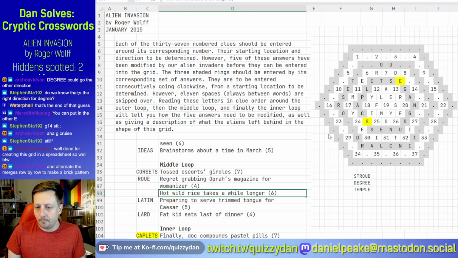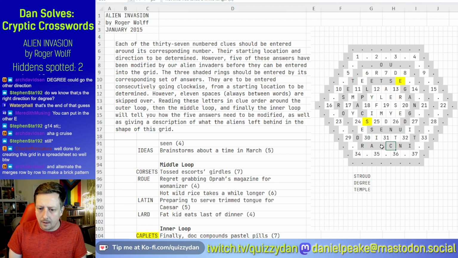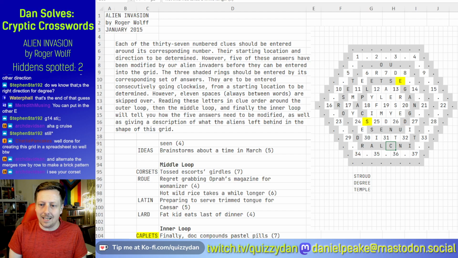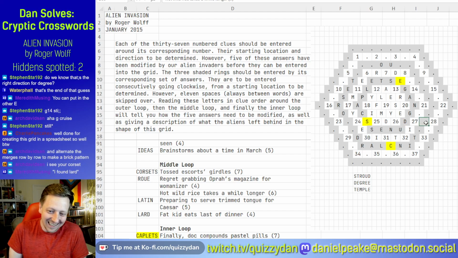Middle loop. I've found lard. There's lard. The letter before it is not a C. You see my... Get off my... There's my Latin. I don't know what the next one is, but what's after lard? It should be corsets. Well, it's not there, is it?